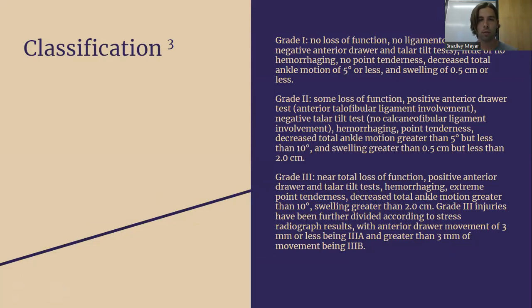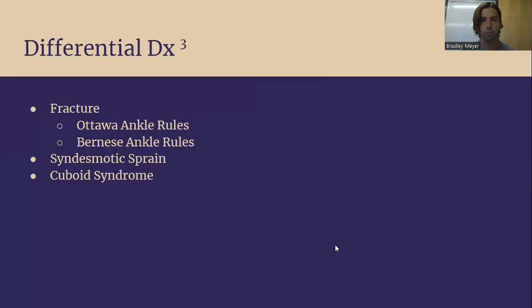In terms of severity, grade 1 is the least severe, grade 3 is the most severe. Grade 3 can also be divided into A and B, depending on how much movement the clinician sees with the anterior drawer test. Those are the different grades of ankle strains and sprains.